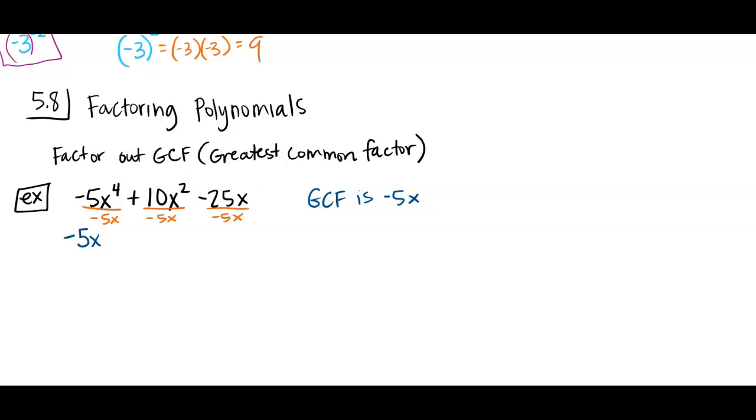You're going to take that and divide each of these terms by negative 5x. On the outside, this is part of our answer, that negative 5x, but then inside, in orange, are our leftovers. If I divide out a negative 5x, what's left in this term? Anybody know?